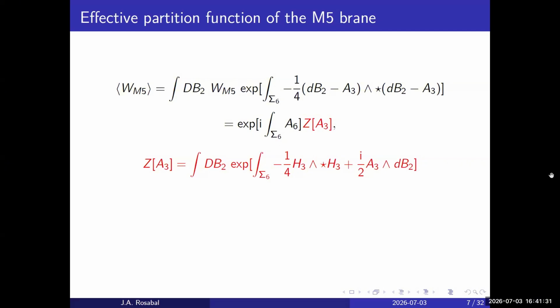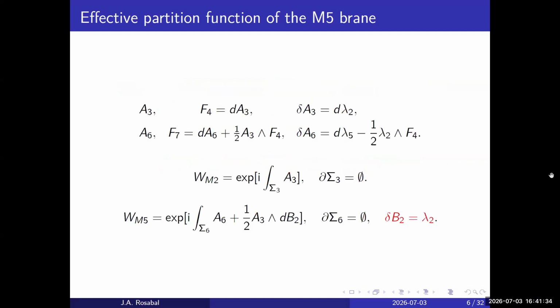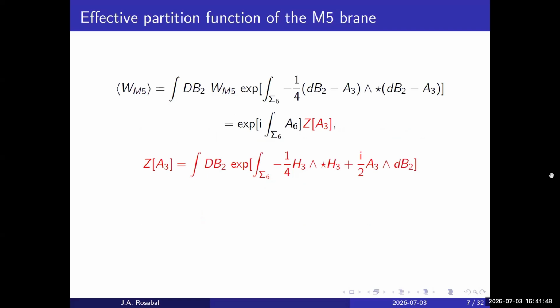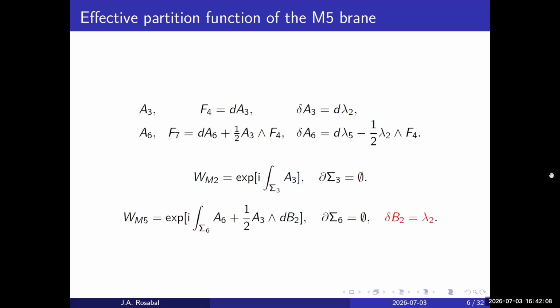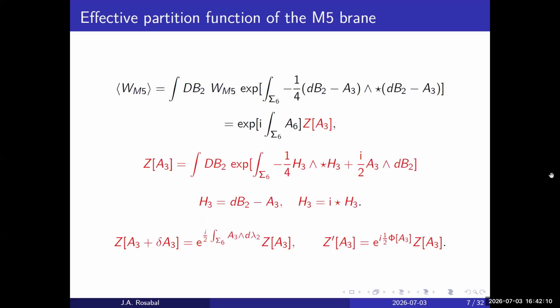See that A3 transforms with d lambda 2 and B2 transforms with lambda 2 without derivative. So this transforms without derivative, but this puts a derivative, and this transforms with a derivative. So this is the gauge invariant combination. So this term is gauge invariant. And then you can rewrite this term in this way, where H3 is given by this expression. Let me show you what H3 is here.